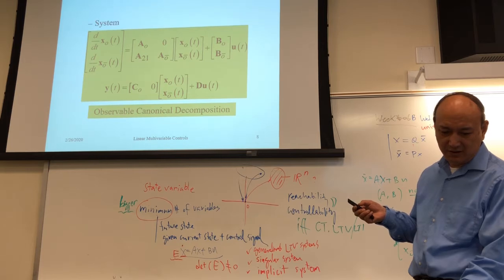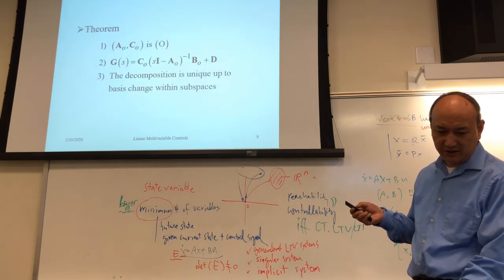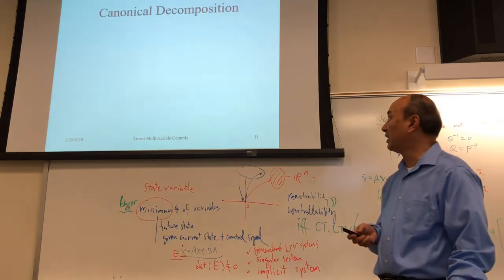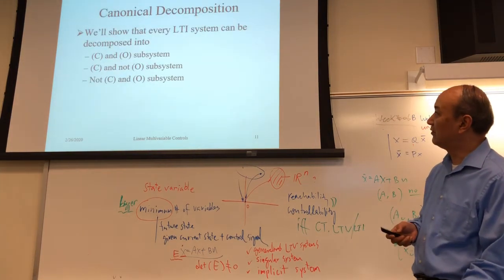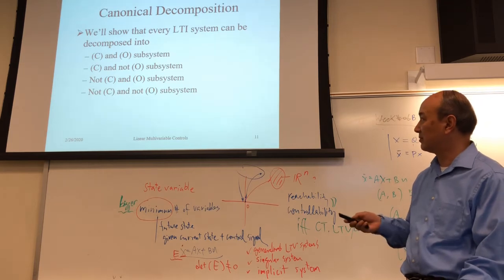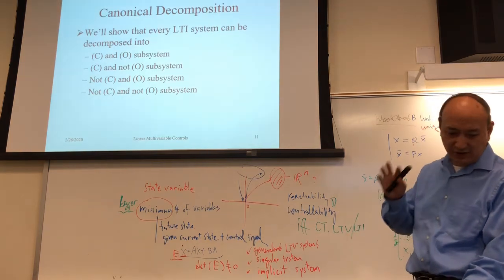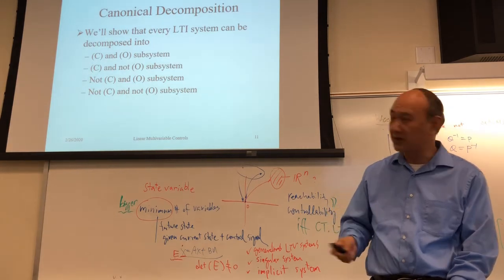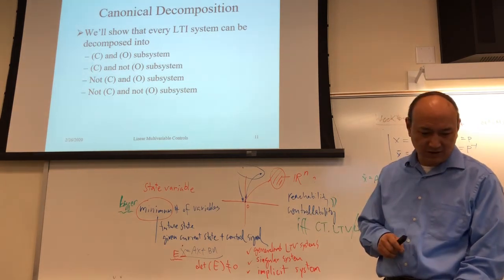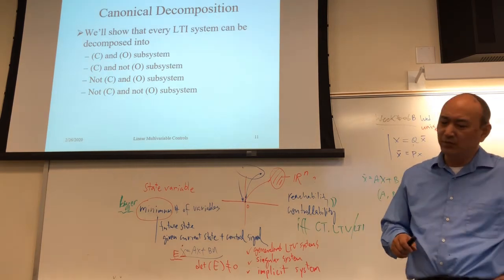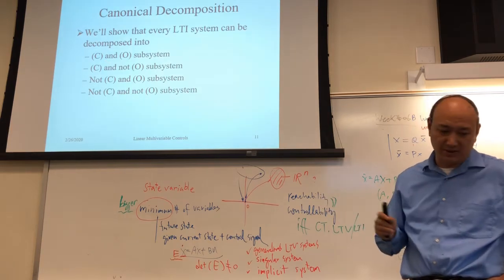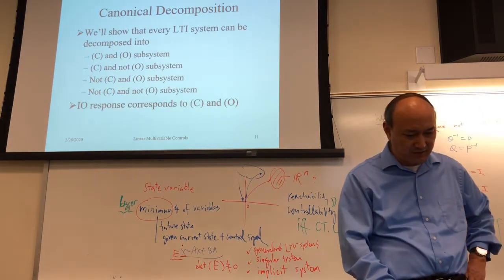Now you can imagine that canonical decomposition actually has more than that. We have four different subspaces: C O, C O bar, C bar O, and C bar O bar. For the input-output response, you only take care of this subspace structure.